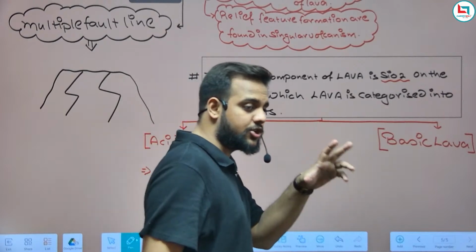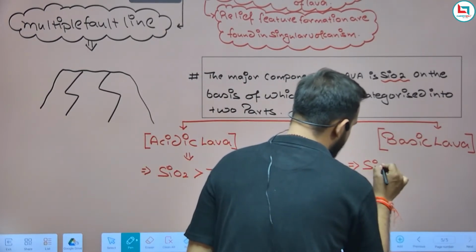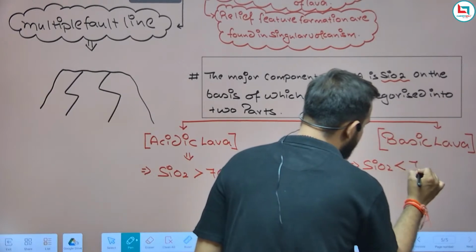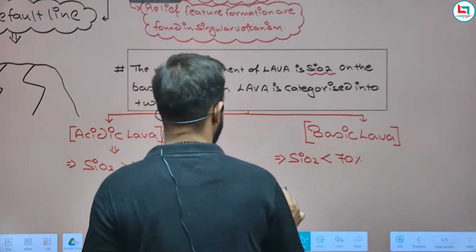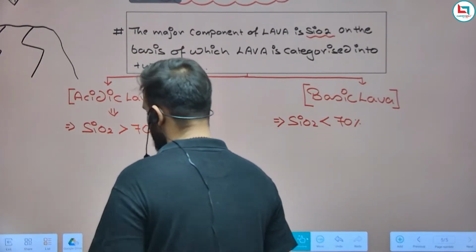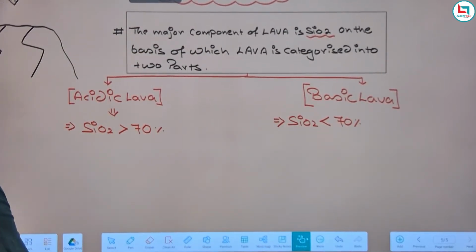If the concentration of silica dioxide, SiO2, is less than 70%, then it is known as basic lava. Okay, so remember this very first thing: the concentration of silica dioxide.